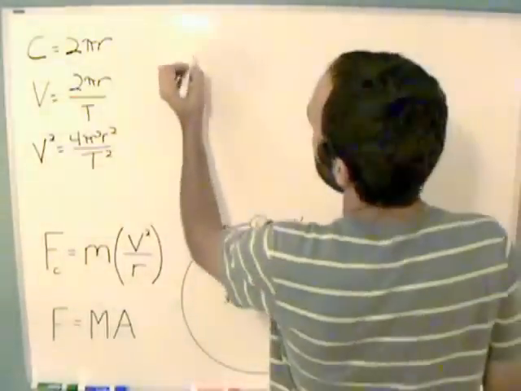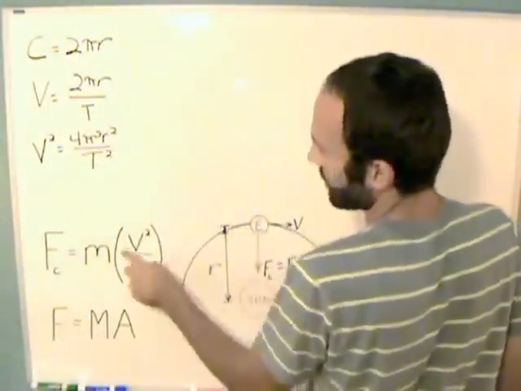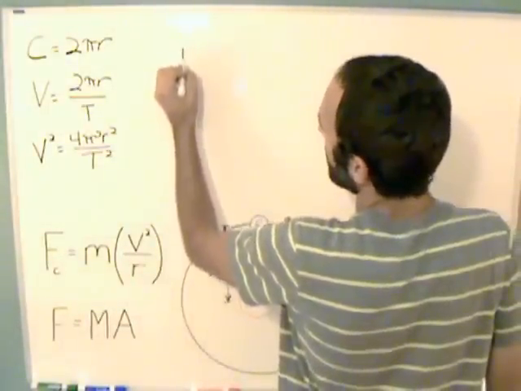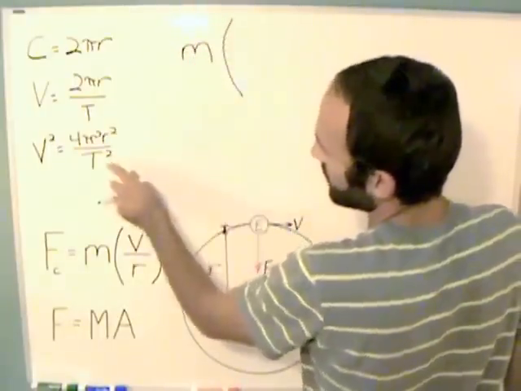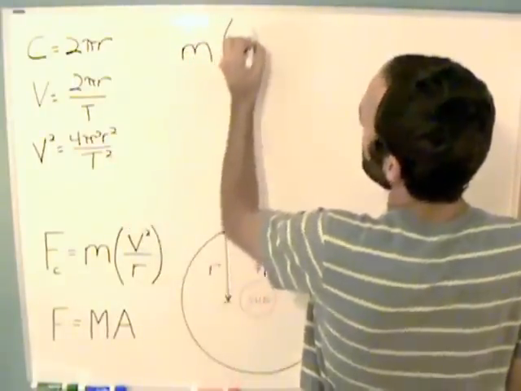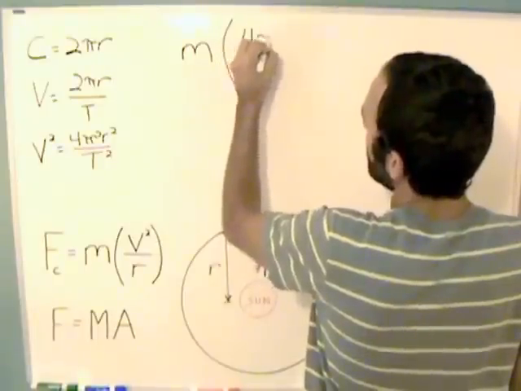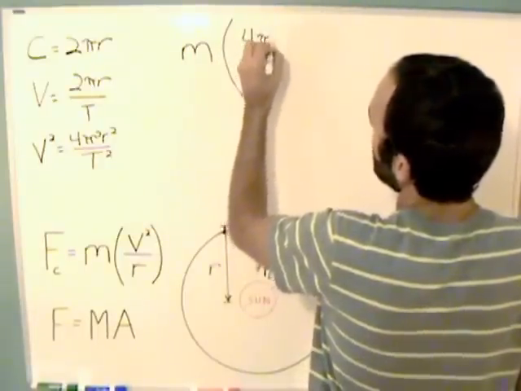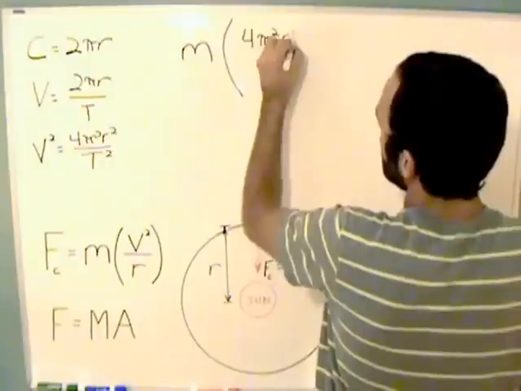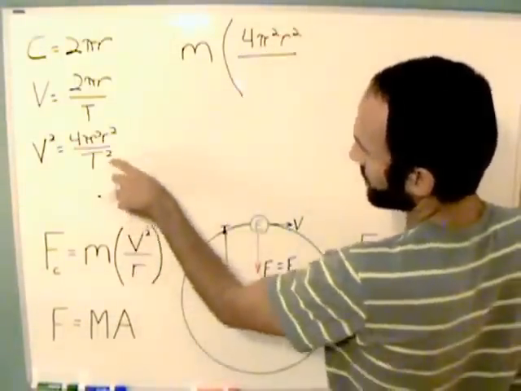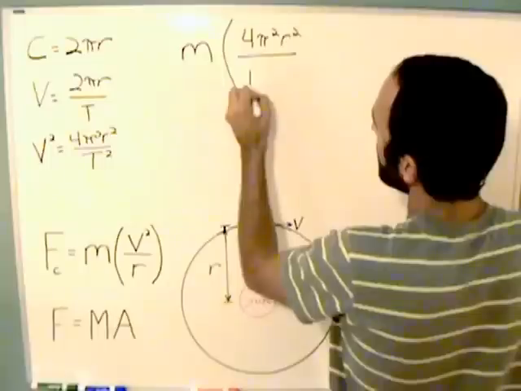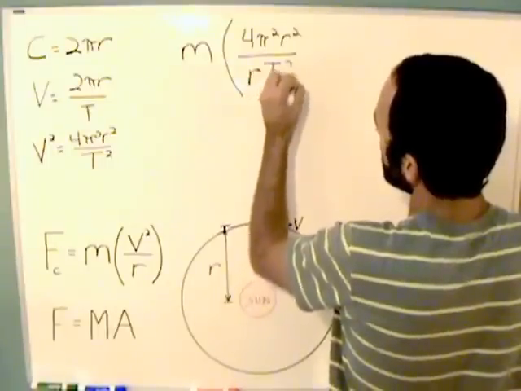Okay, so going back to that original equation, we can write the centripetal force equation with that relationship. We substitute this for V squared, and that gives you 4 pi squared times r squared over r, because r was still on the bottom, and this T squared comes down here, over r times the period squared.